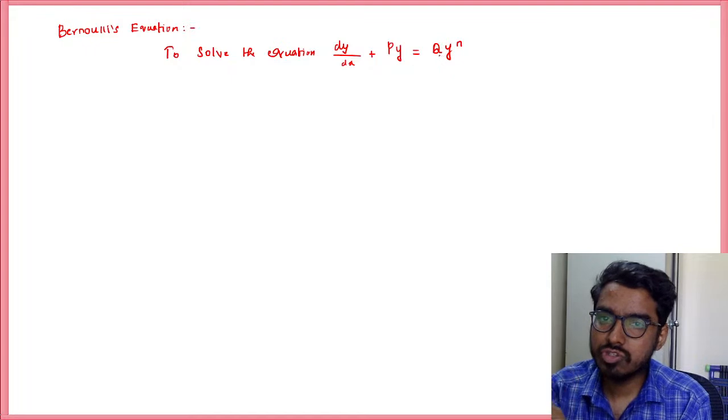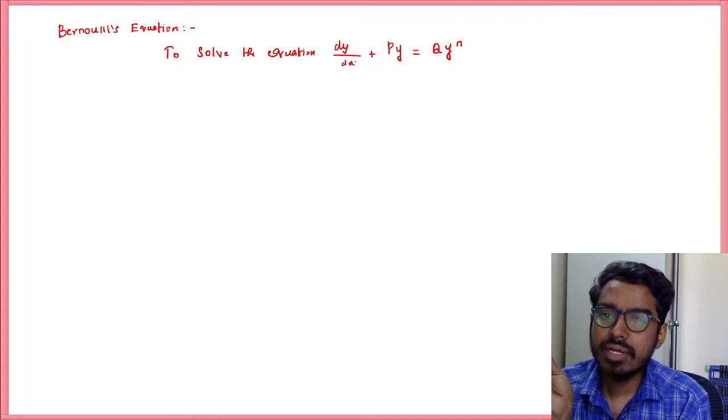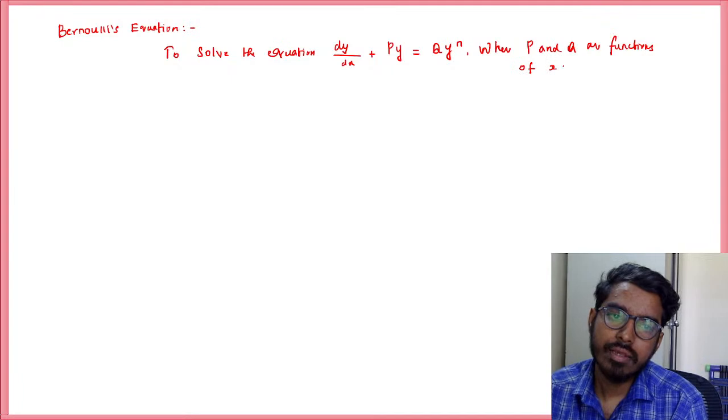Now along with this Q, we will have y^n multiplied with Q, where n is some number. So an equation dy/dx + Py = Q y^n, where P and Q are functions of x only, is called Bernoulli's equation.